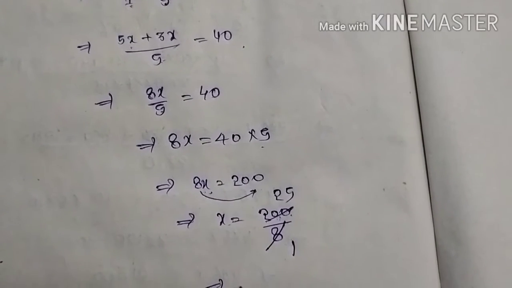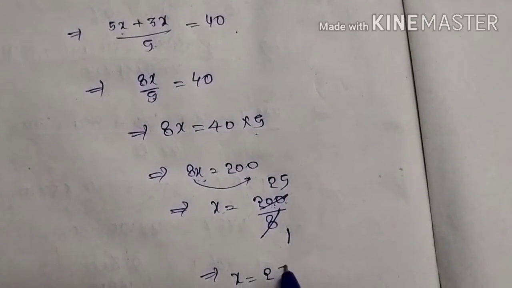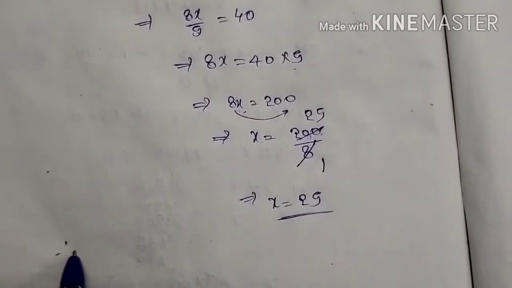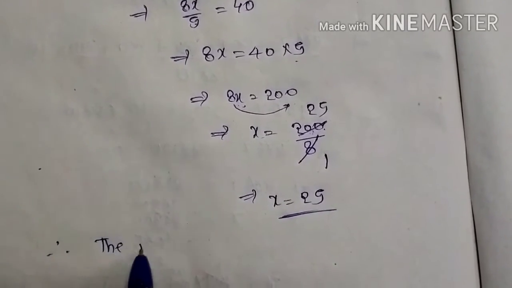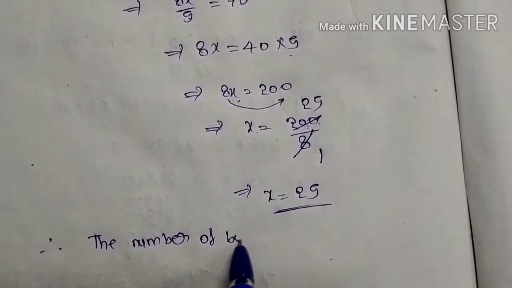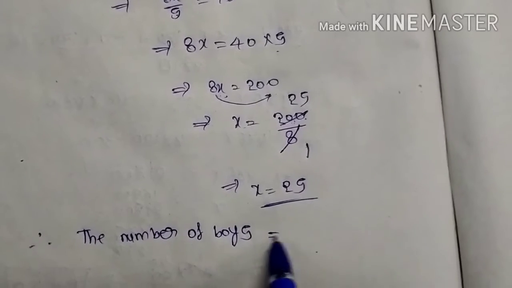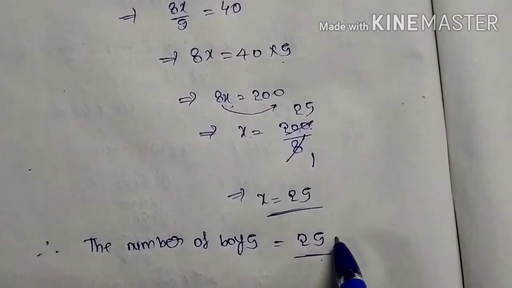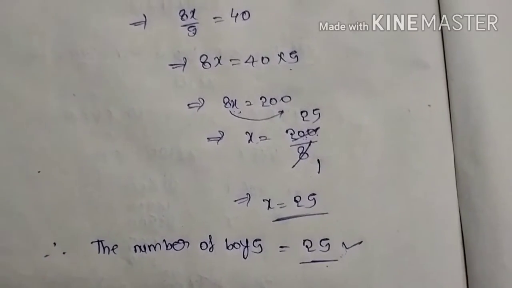That means x is equal to 25. What do we mean by x here? x means the number of boys. The number of boys in the class is 25. In that question they are asking only for boys, so we find only boys.